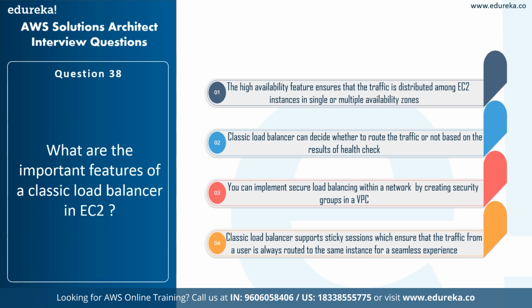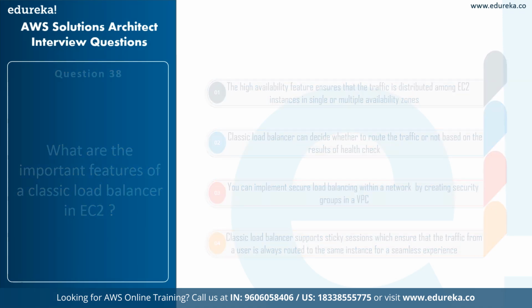The classic load balancer can decide whether to route the traffic or not based on the results of health checks. You can also implement secure load balancing within a network by creating security groups in a VPC. And the classic load balancer supports sticky sessions, which ensure that the traffic from a user is always routed to the same instance for a seamless experience. So these were the important features of a classic load balancer in EC2.